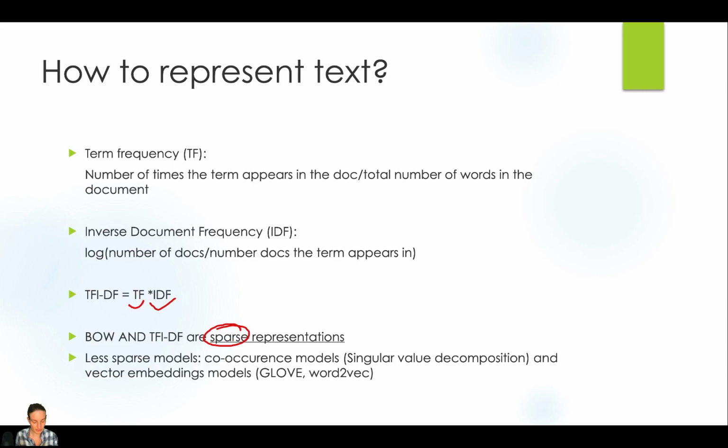So it's much more computationally better to look at less sparse or dense models, such as co-occurrence models. One such model is SVD, singular value decomposition. I'm not going to go into detail on that, but I will focus on vector embedding models. Okay. Two famous ones, GloVe and Word2Vec. We will focus on the latter.